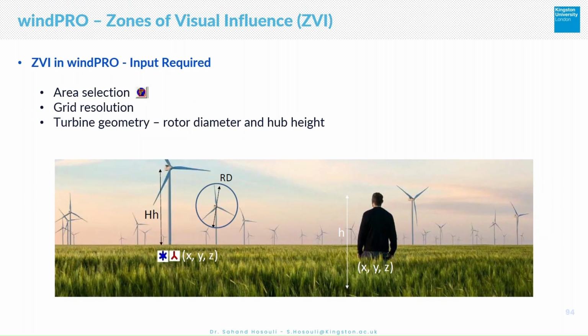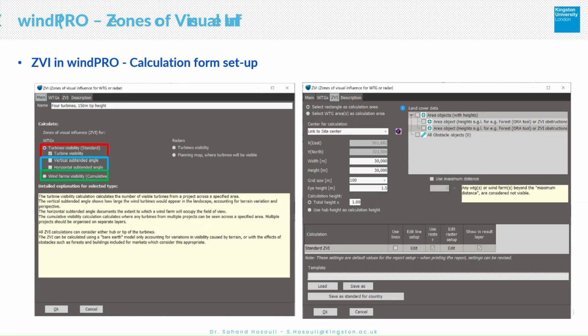In terms of the input required in windPRO, we need a location and the height from where we are looking at the wind turbines. We will need to select an area, define the grid resolution, and we need the turbine geometry and turbine location, so where the turbine sits, and also the rotor diameter and the hub height. Those are the information that we will need as input for doing the ZVI in windPRO.